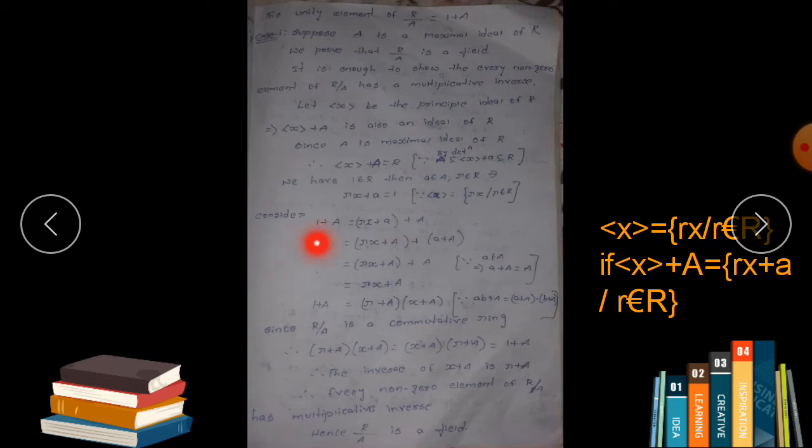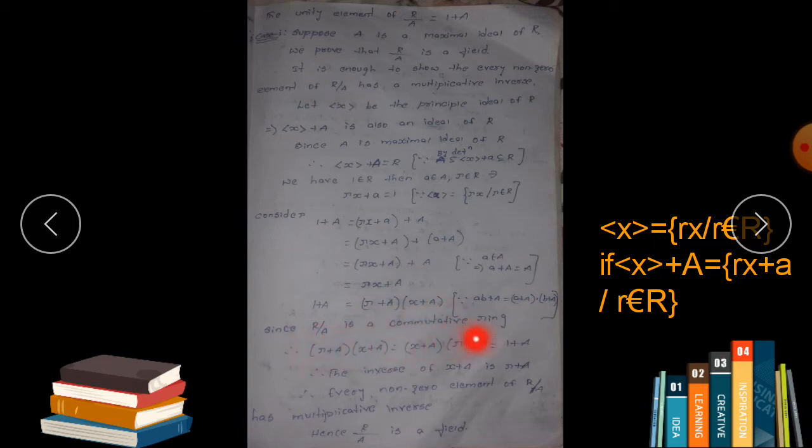Now consider the identity element 1 + A, which equals rx + a + A. Using the multiplication condition, not the addition condition, rx + a + A, and a + A can be written as A. So 1 + A equals, by using the multiplication condition, (r + A)(x + A).